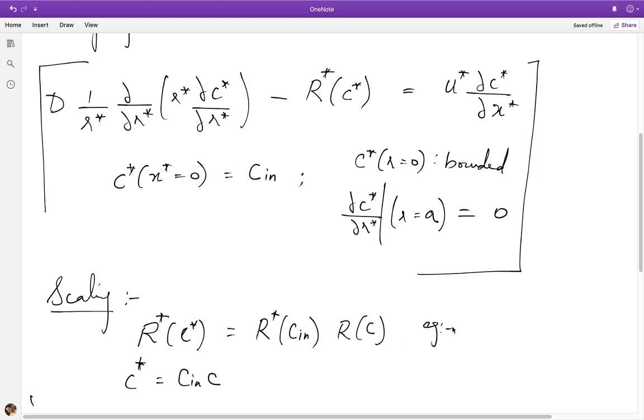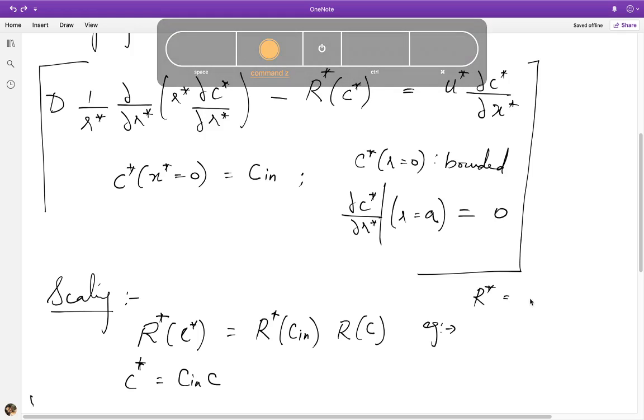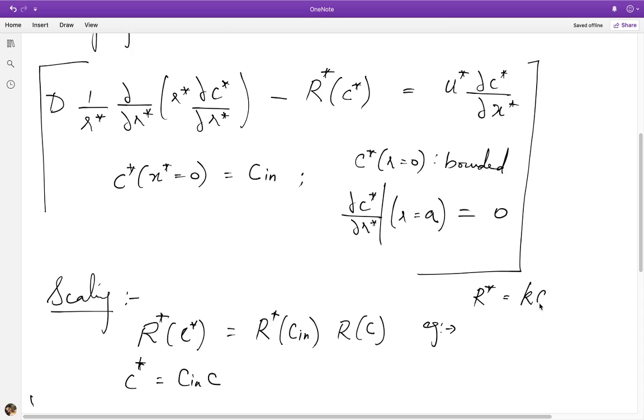So for example, if I have a first order reaction, so if R star is equal to K C star, let's say, where K is of course the first order rate constant. I've already put the negative sign out there. Then I can write this as K times C in times C, by substituting the scaling of the concentration, and this is nothing but the rate expression evaluated at C in, which is what I'm calling R star of C in.